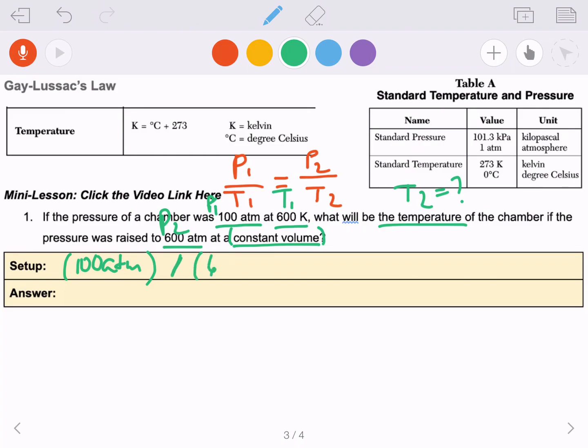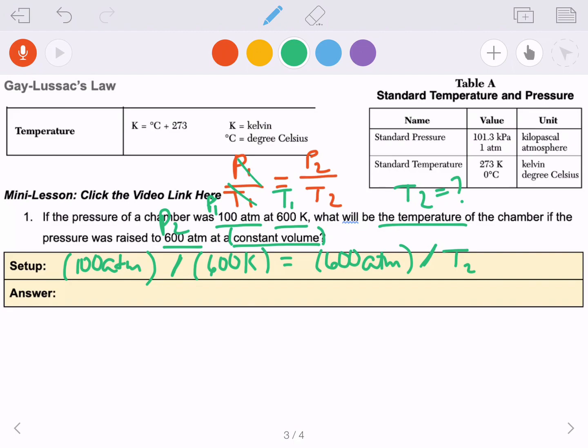So what I'll do is I'll just use that little dash to indicate that I'm dividing. And so that'll be my P1 over my T1. And that equals my P2 over my T2. So my P2, my second pressure, my final pressure, is 600 atm. And then dividing by T2. T2 is going to be my x. So that's how I'll set this equation up.